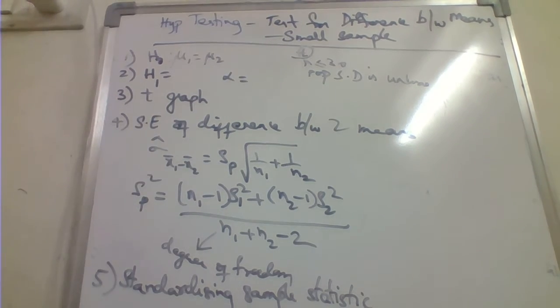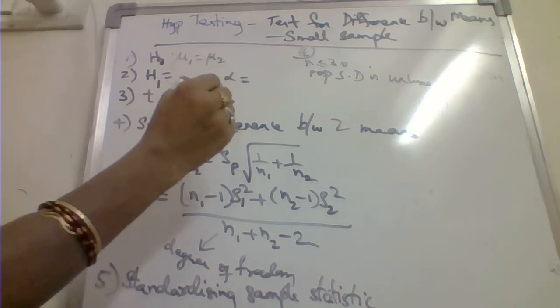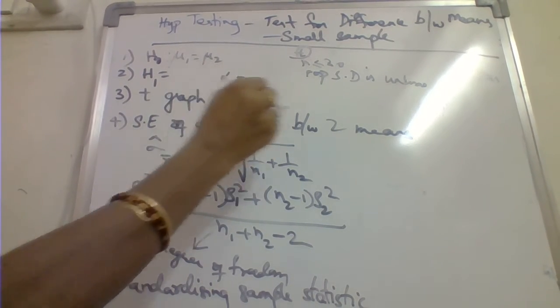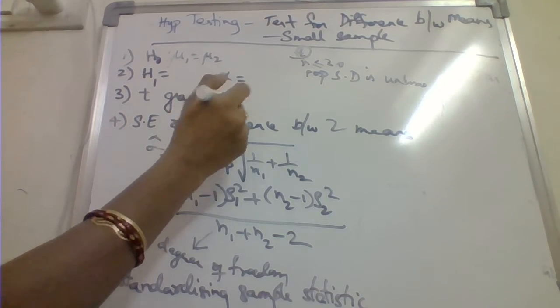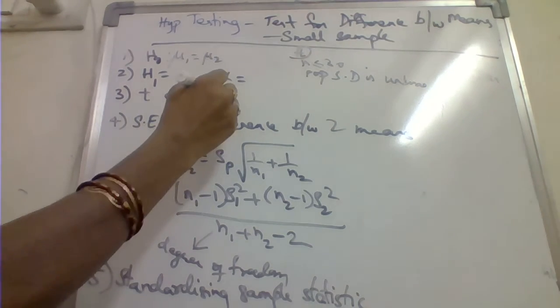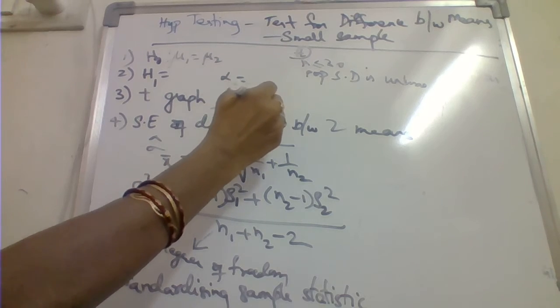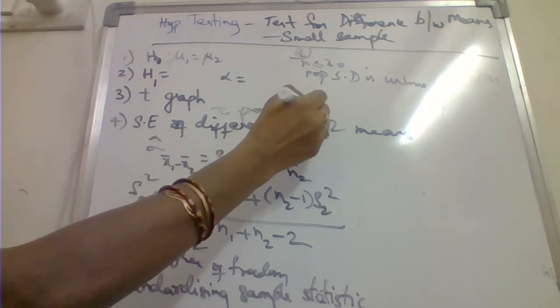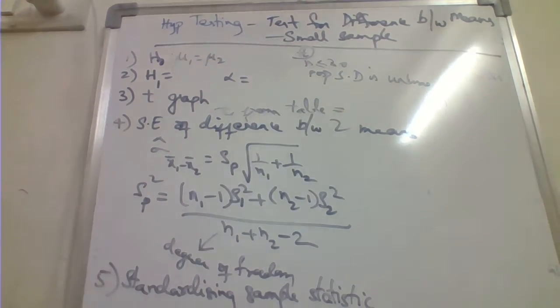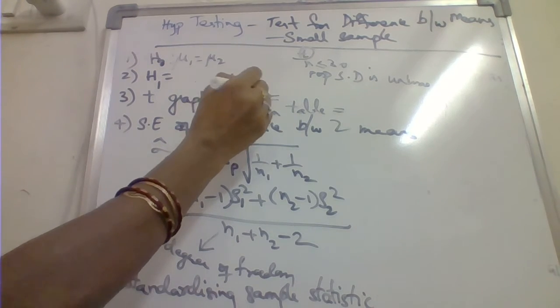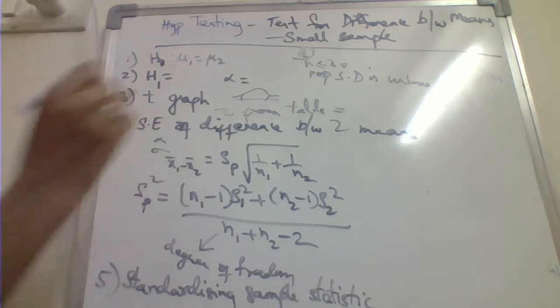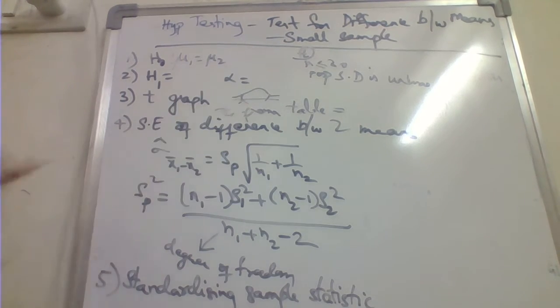You draw the T graph depending upon this alpha and find the value of T from the table.